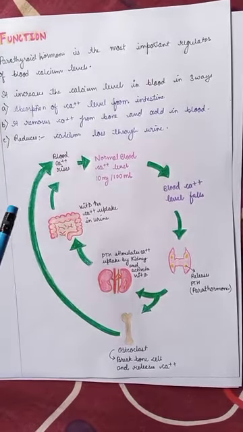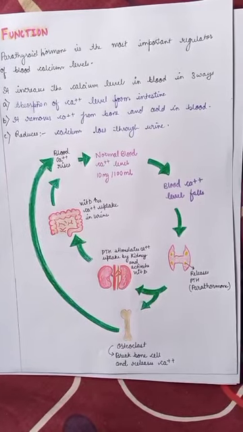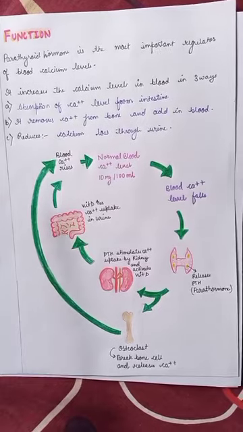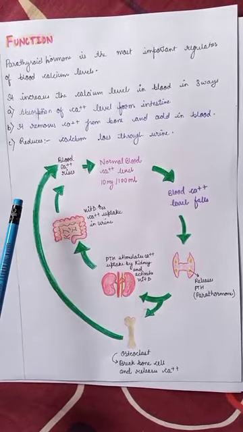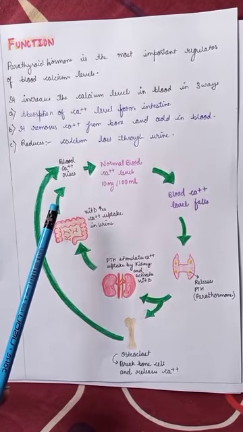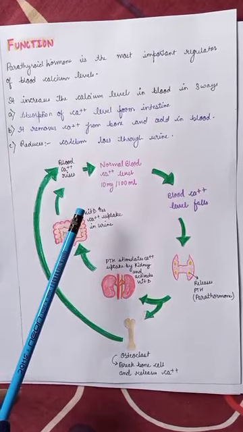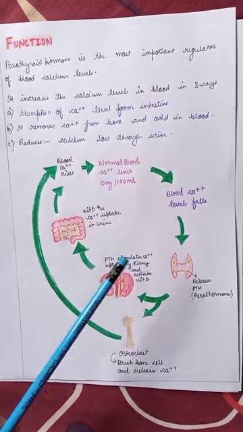So we can see from the diagram how calcium level increases. We know that normal blood calcium level in our body is 10 mg per 100 ml.